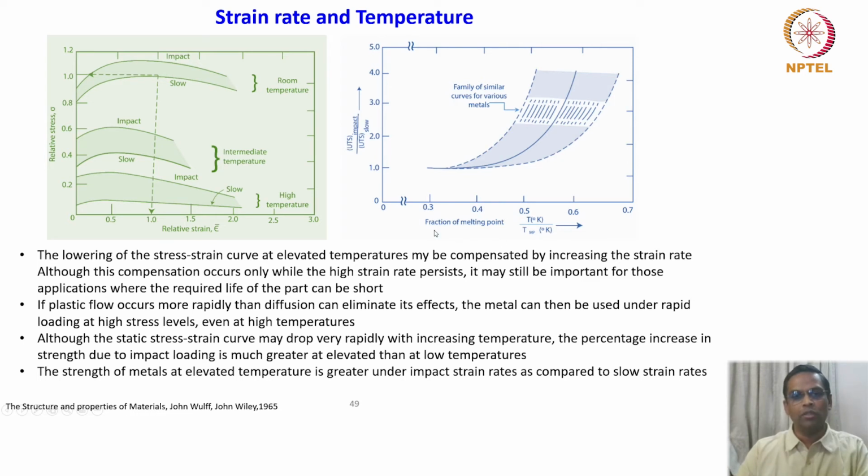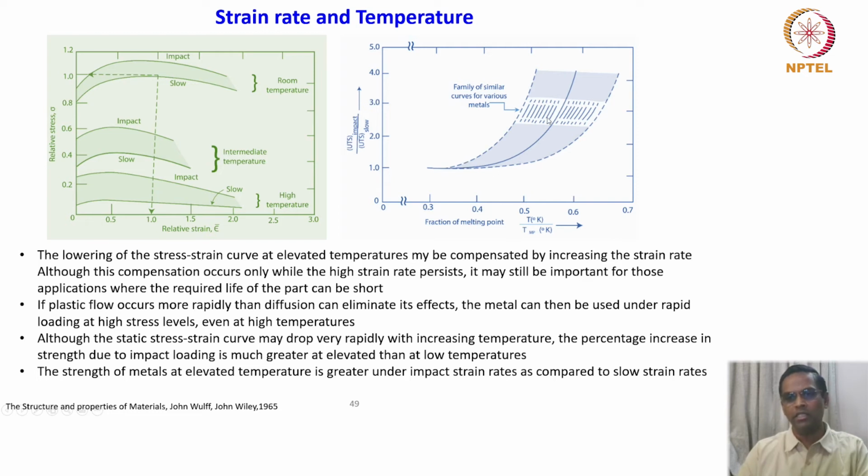Okay. So it shows a very interesting trend, like how the strain rate and the temperature influence the deformation behavior. What is it that we are seeing here? Most materials, at least metals, we are referring to metals here, start responding to this high strain rate.